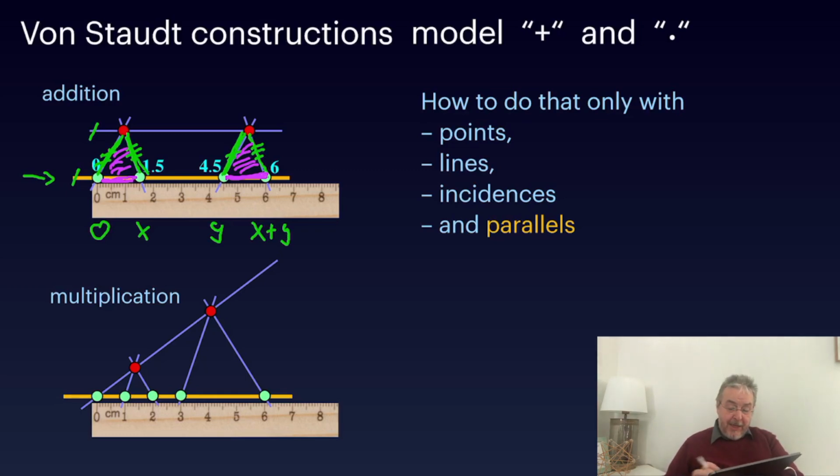So multiplication is a little bit more elaborate. Just as a first check here, again, lines that seem to be parallel are assumed really to be parallel.